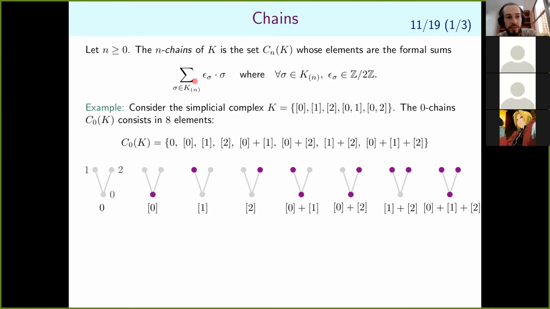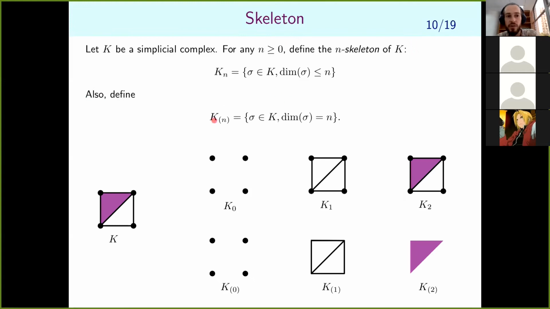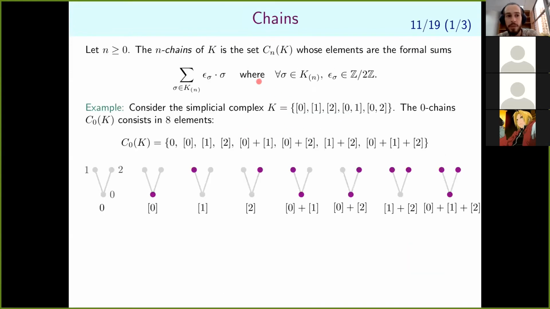So remember that K(n) is the set of simplices of dimension n. And the n chain is an abstract sum of n simplices times a coefficient, 0 or 1.